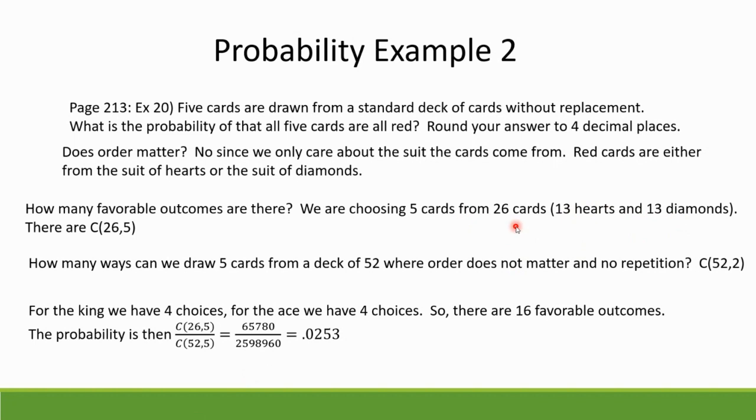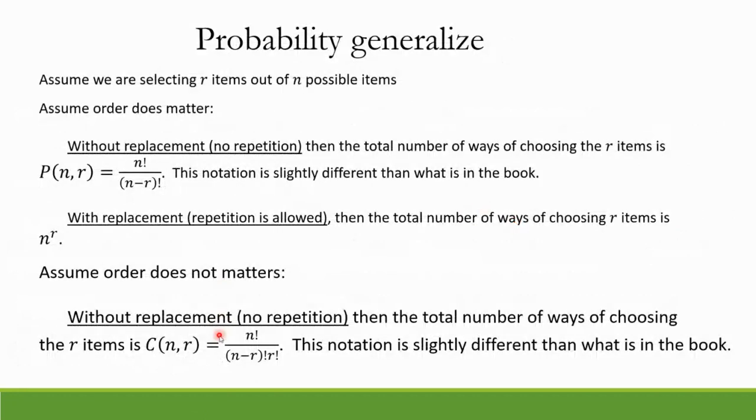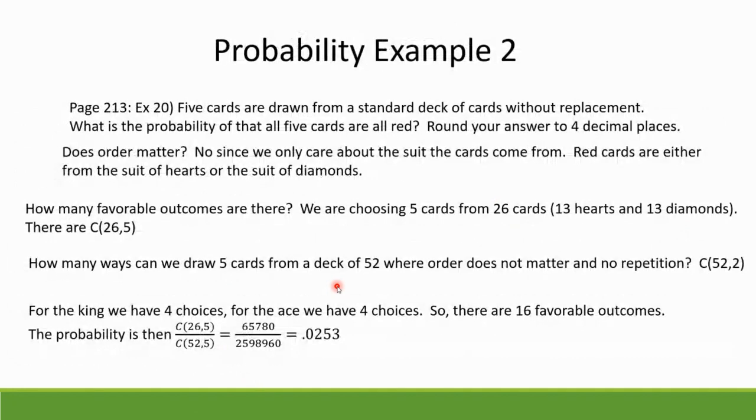How many ways can we choose 5 of those without repetition and where order doesn't matter? Well, that's the combinations, right? No repetition and order doesn't matter. That's combinations. So there's 26 cards we can choose from. We're choosing 5. We get this.